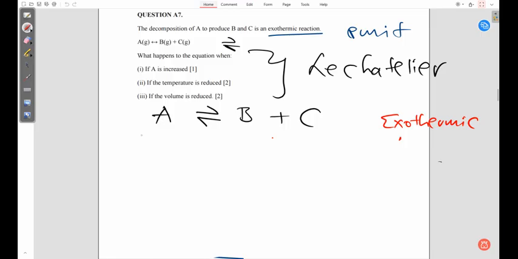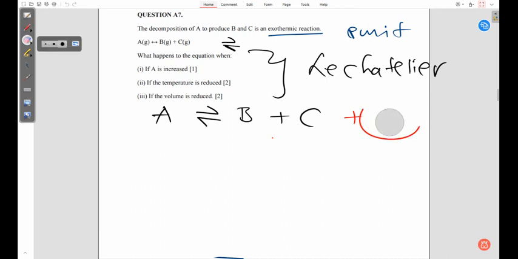That's for concentration. For temperature, what is of interest is the concept of an exothermic reaction. An exothermic reaction is a reaction that emits or releases energy. So think of the energy, let's call it enthalpy actually, as a product, because it's emitted or lost.